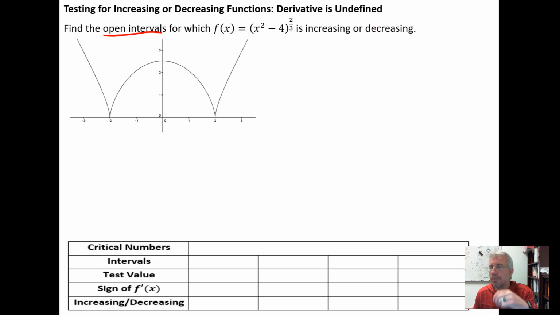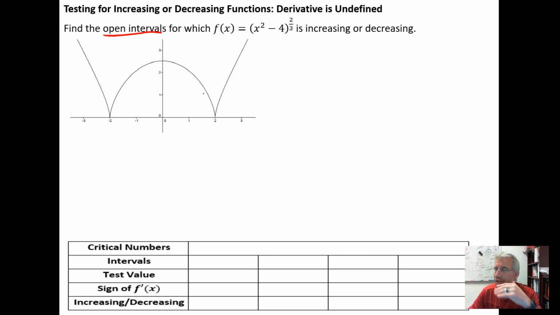And what we want to remember from the previous video is that the first step in the process is to find the critical numbers for the function, because we utilize those critical numbers to establish our open intervals over which the function may be either increasing, decreasing, or perhaps even constant.